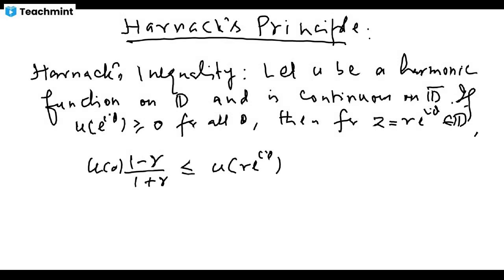This is less than or equal to u of 0 times (1 plus r) upon (1 minus r). Note that clearly we are taking z in the unit disk, so r is less than 1, and further this estimate is sharp.